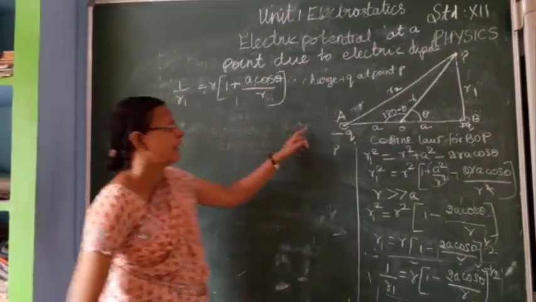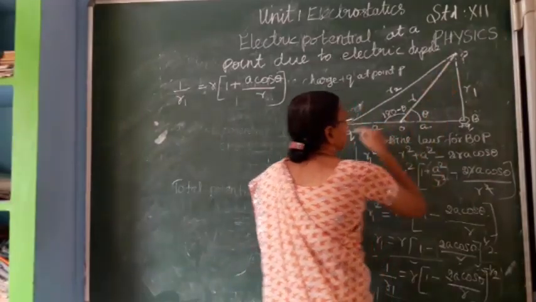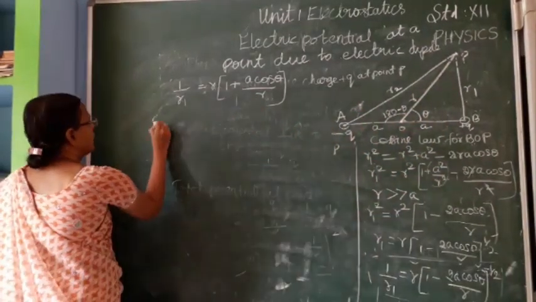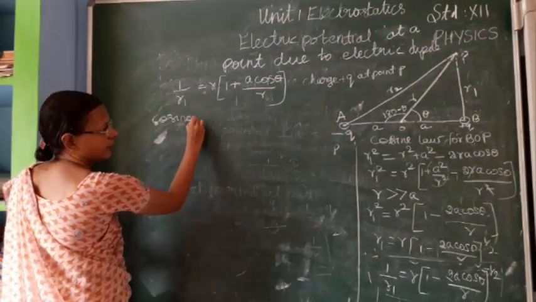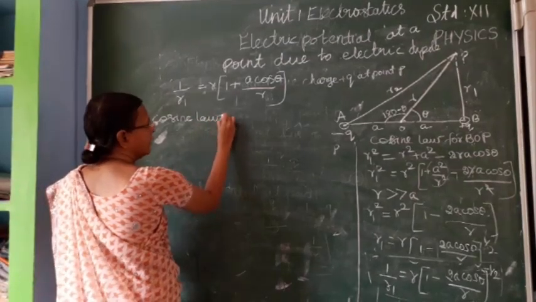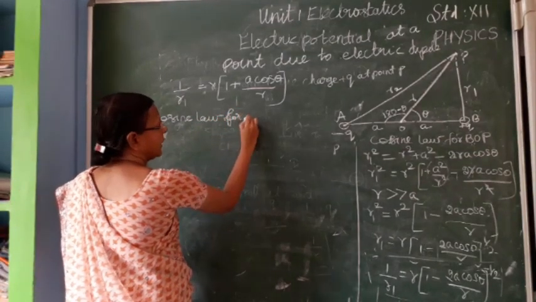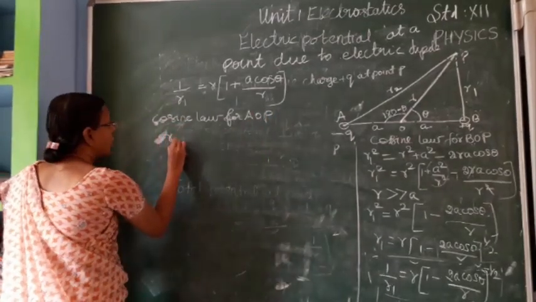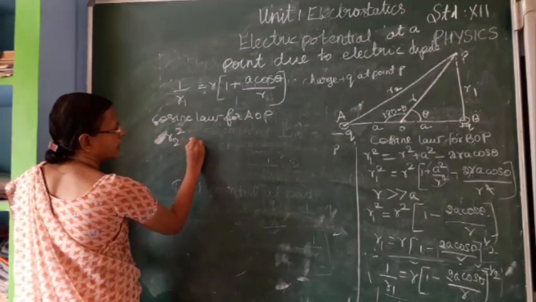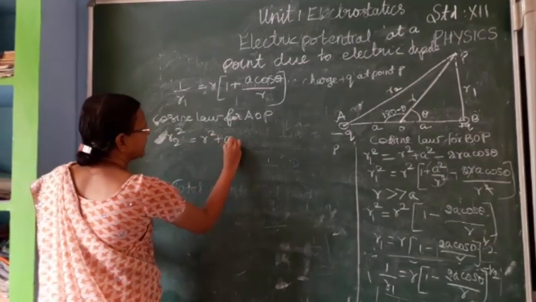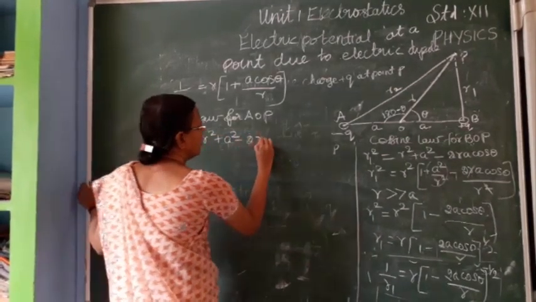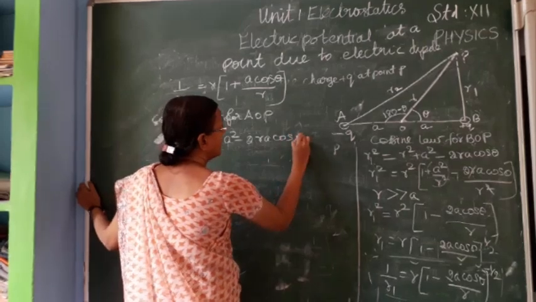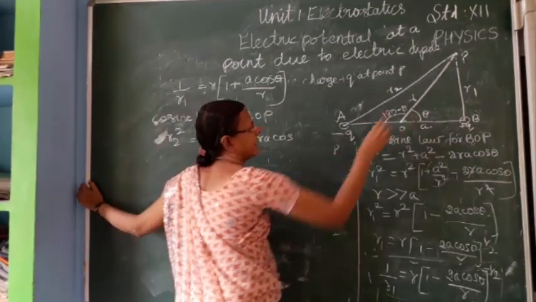In the same way, we have to find it for AOP from the cosine law. So cosine law for AOP: R2 square is equal to R square plus A square minus 2RA cos theta, where the angle is 180 minus theta.